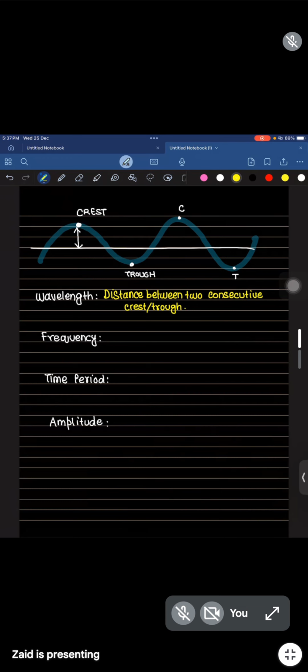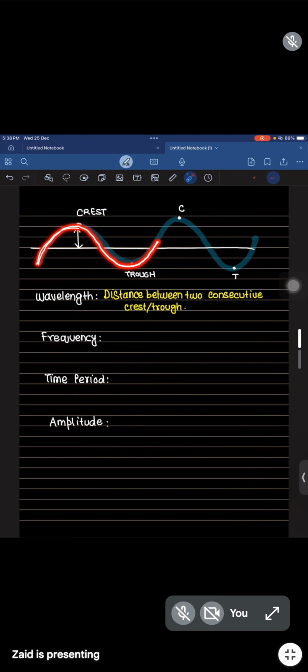Frequency is, okay, what frequency is? Like how many waves are completed in 1 second? What do I mean by that? Like if this is a wave, okay, if I'm starting from here, so this is a complete wavelength. Okay, if I'm starting from here, then this is a complete wave.